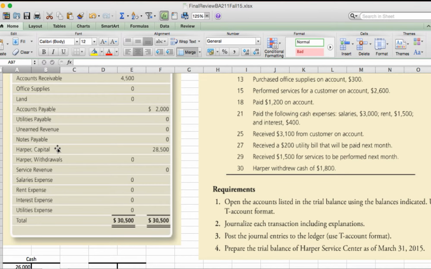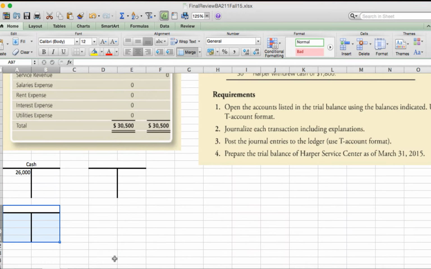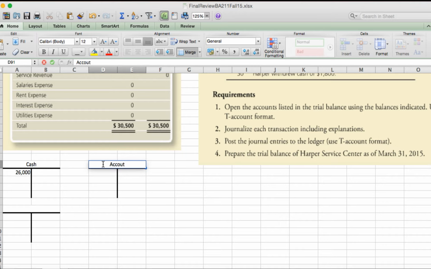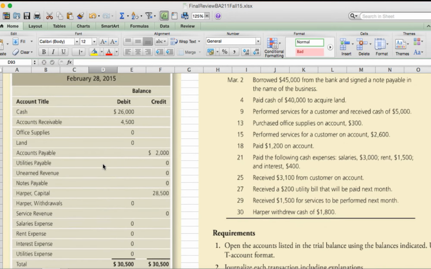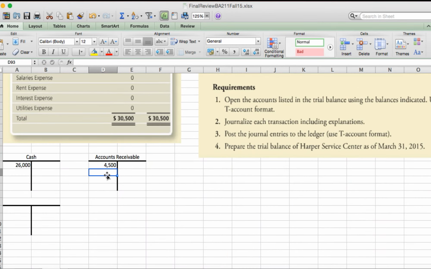Accounts receivable $4,500. Office supplies and land are both 0, but we're going to put them in there anyway.